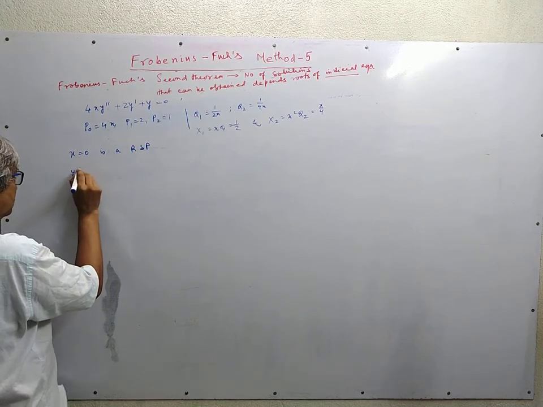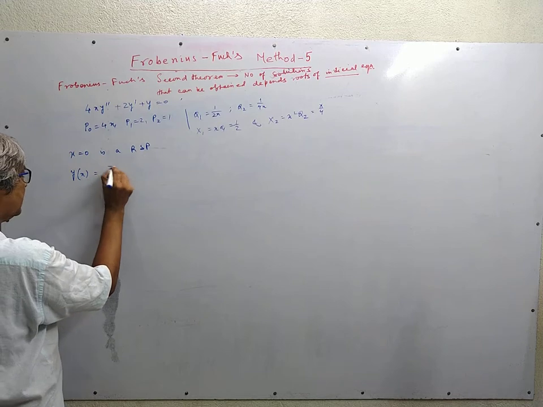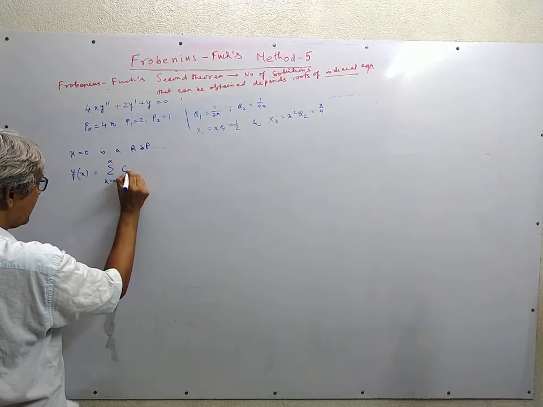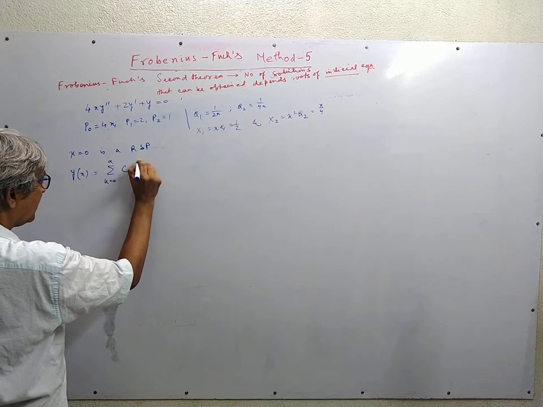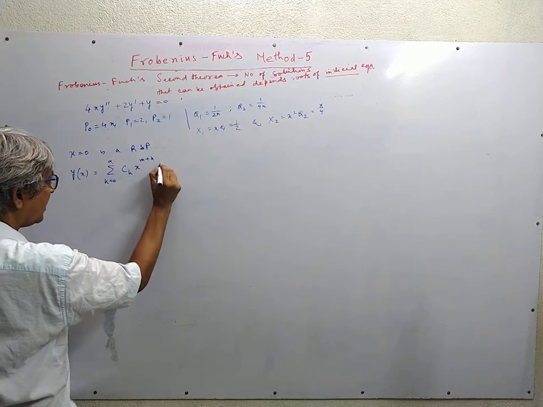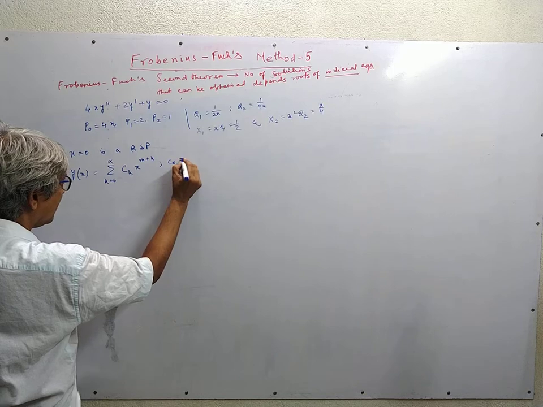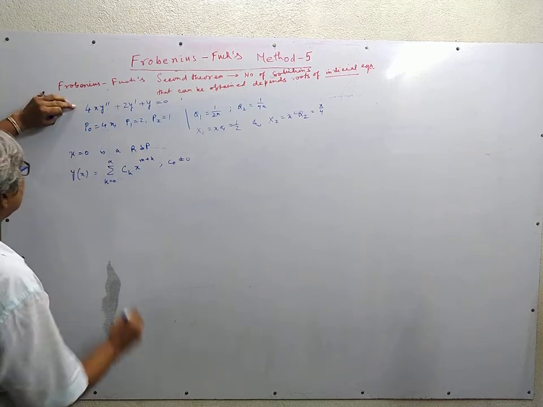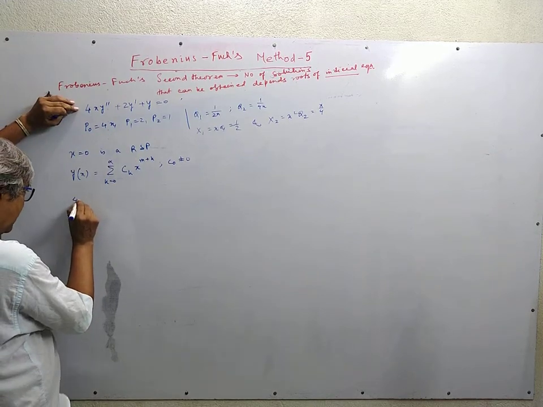So we assume the solution to be y equal to the summation of c_k x to the power m plus k, and our aim is to find m.